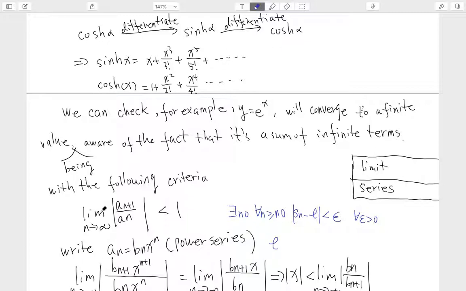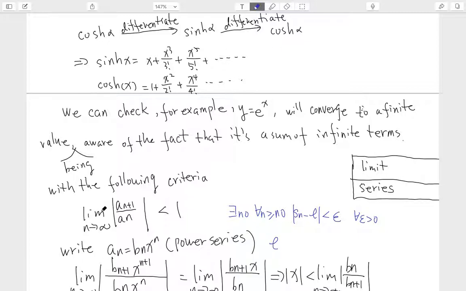Here I would like to, by the way, say a little bit on what we mean by a limit. I should take an example of sequences. Basically, the definition is like that.